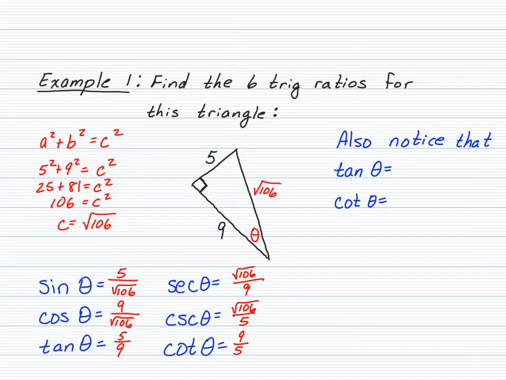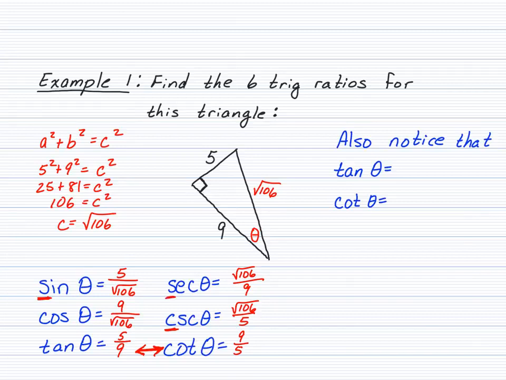Now, cotangent and tangent make sense as reciprocals of each other. The other four don't really make a whole lot of sense as to why they're reciprocals, so let's find a way to memorize that. If you see, this starts with an S, this starts with a C. So S and C, like Samuel Clemens, these are reciprocals of each other.